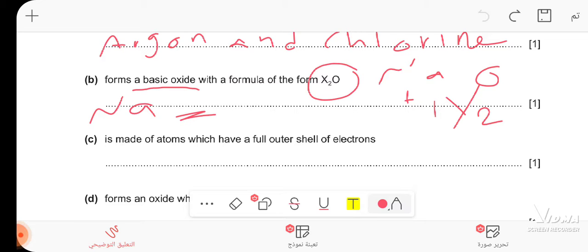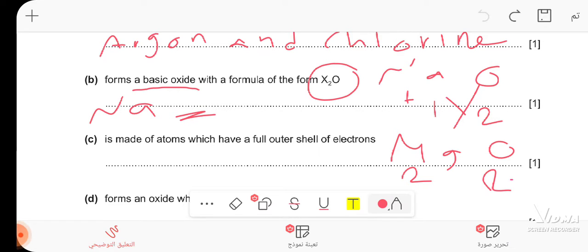If we choose magnesium, for example, let's explain it. We write magnesium and oxygen. We have a reaction between magnesium and oxygen. The resulting compound formula: magnesium is group 2, its outer shell has 2 electrons, and oxygen 2.